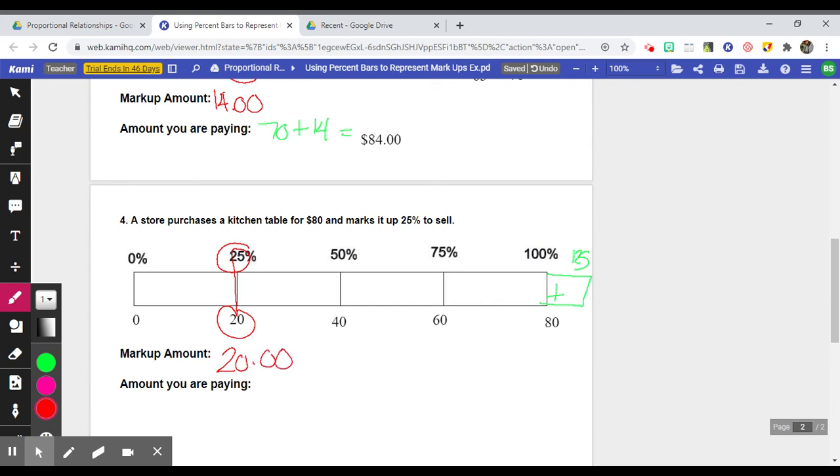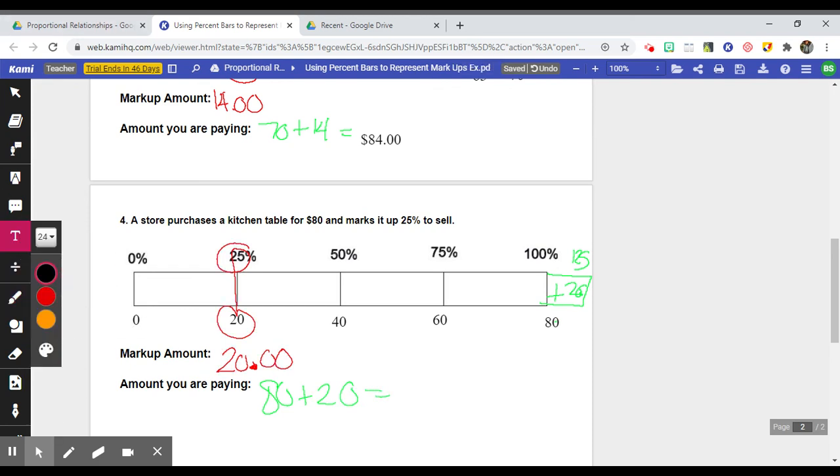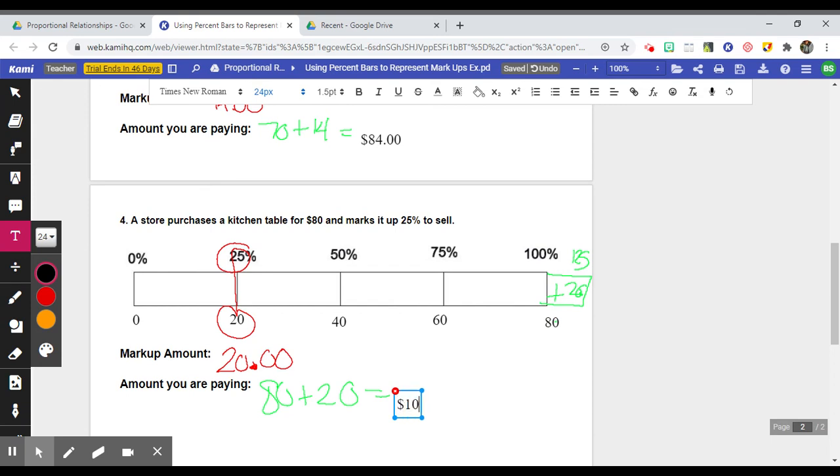You can, again, just write 20 if you wanted to and not add the 00 for the cents. So I'm adding $20 to my price. My price was 80 plus 20, and that is equal to $100. So this particular store is selling an $80 table for $100 because they marked the price up.